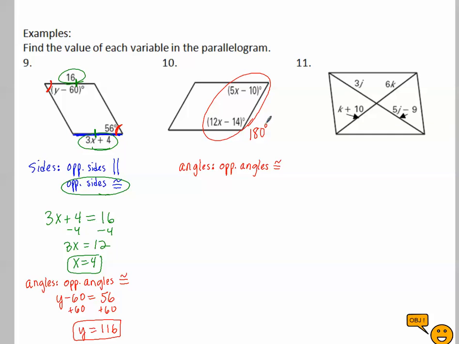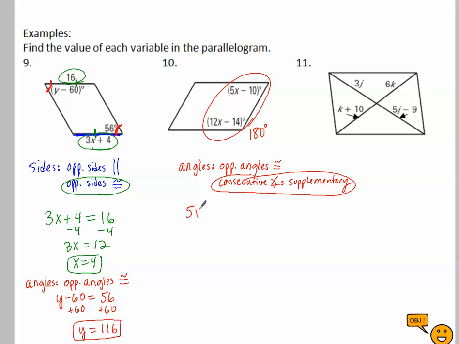That's right, they have to add up to 180 degrees. The consecutive angles are supplementary, meaning adding up to 180 degrees. So that's what we're going to do here to solve this one. Consecutive angles being supplementary, that's what we're using, the angles next to each other.